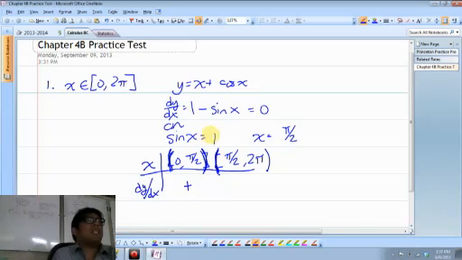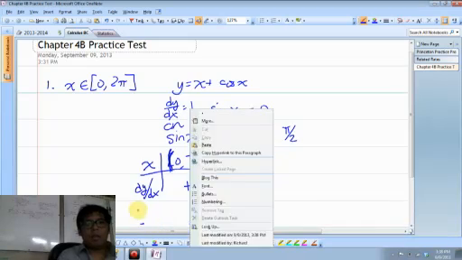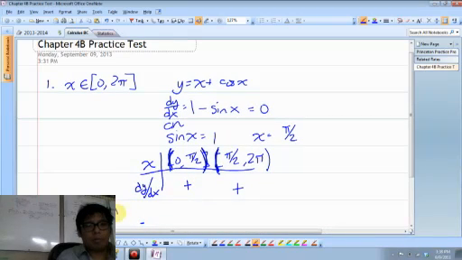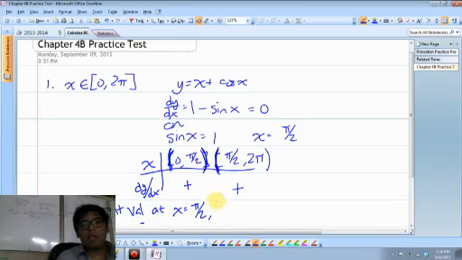Sine of pi is 0, so 1 minus 0 is positive. So there are no relative extrema at the critical number x equals pi halves.